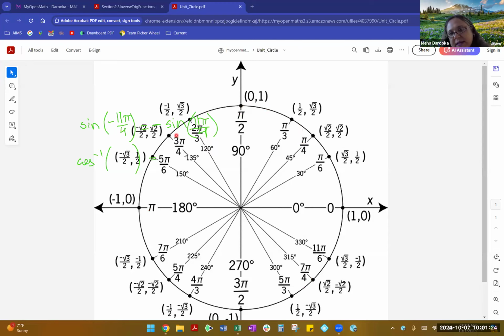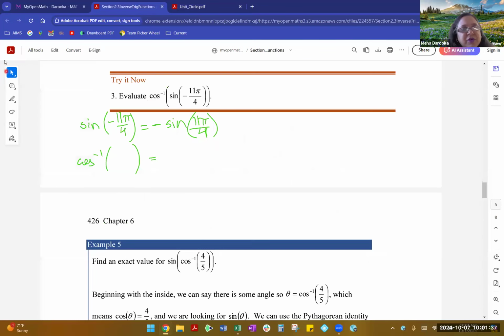This guy here technically becomes 11 pi over 4. And then since we're bringing the negative sign outside, as you can see, this will then end up becoming negative square root of 2 over 2. And that's again using that idea of the odd function. So that negative sign will stay and it becomes square root of 2 over 2.